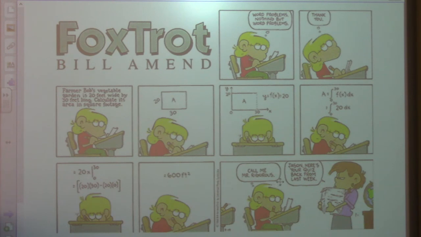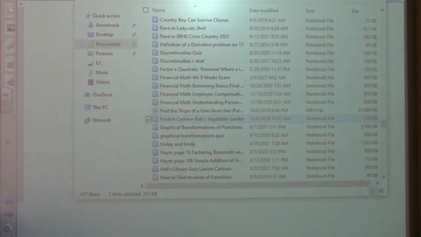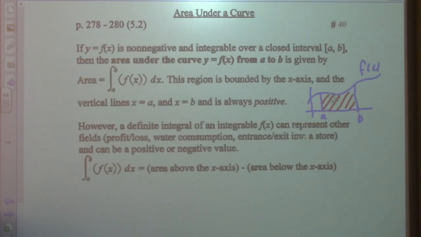And then he says, call me Mr. Rigorous and all this. So he makes a calculus problem out of a simple area problem. But basically, when we do calculus, it may not seem like it, but we're actually making problems this easy, even if it's a curvy function, which we're going to mostly see, like this one here.